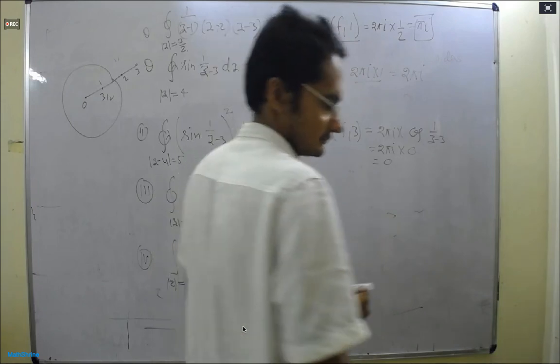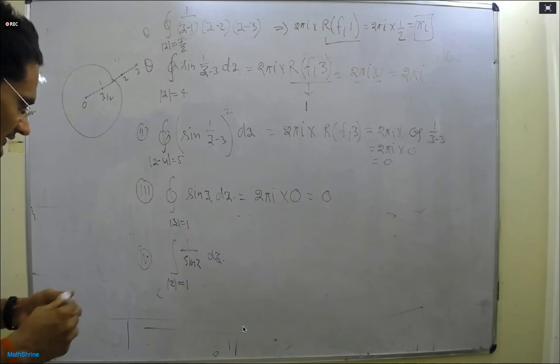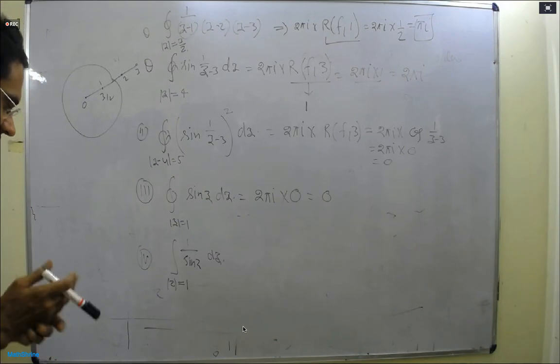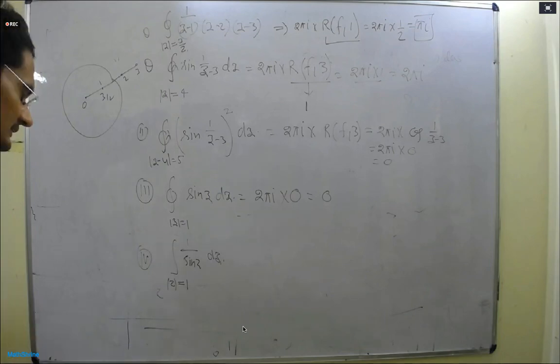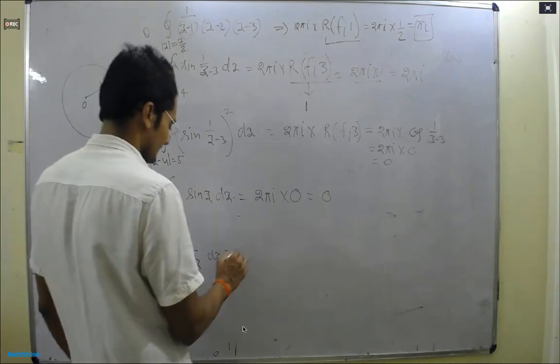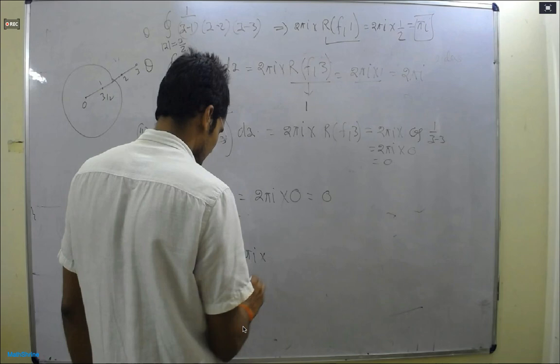Okay, what about this? This will be 2 pi iota into the residue of the function at 0. The singularity of this function is n pi.